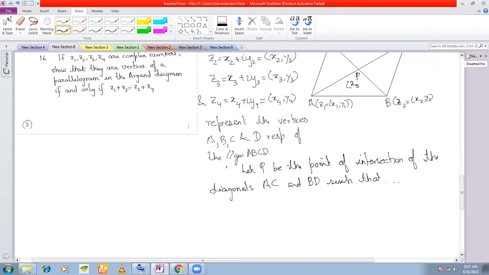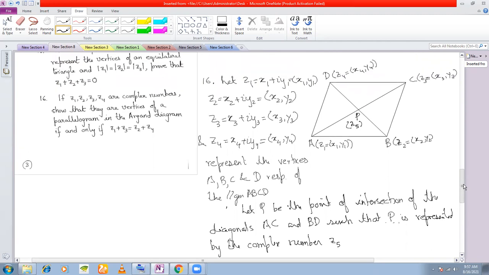This complex number is Z5, such that P is represented by the complex number Z5.